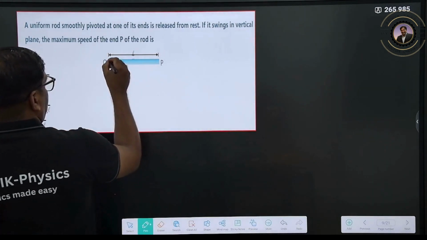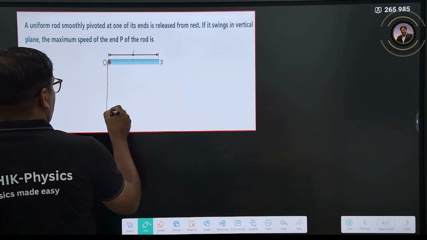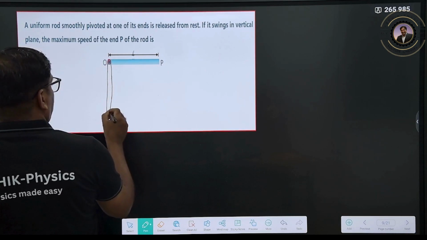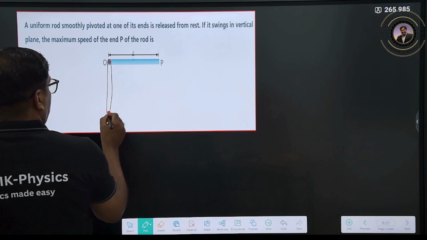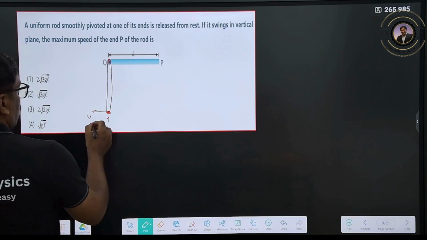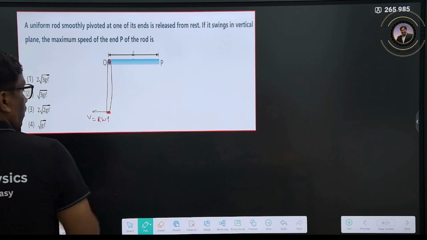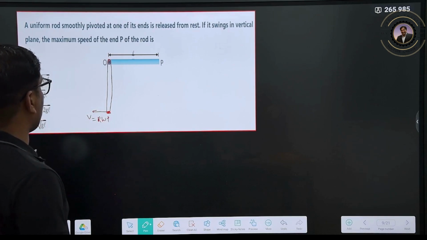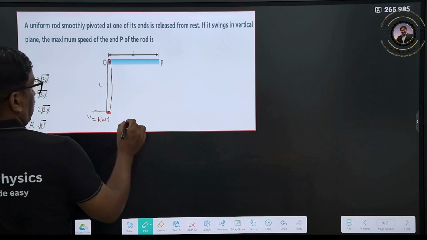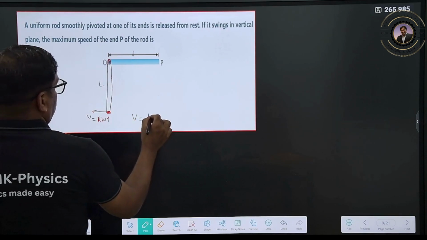Here, when it comes to this point P, it is going with a speed V. What is the formula? V is equal to r omega. Here r is this distance, which is L, so V is equal to L into omega.